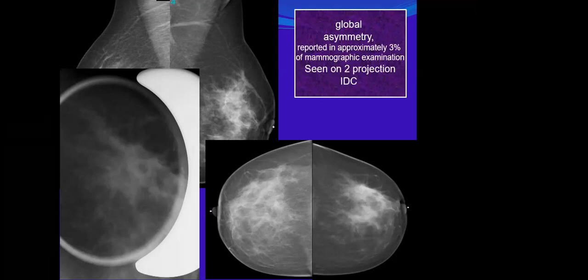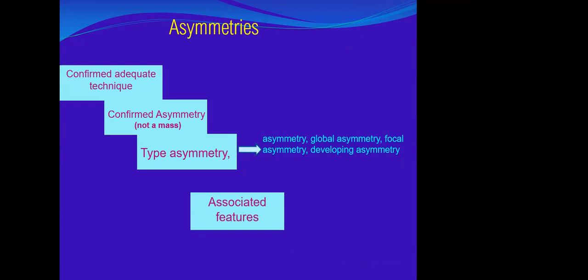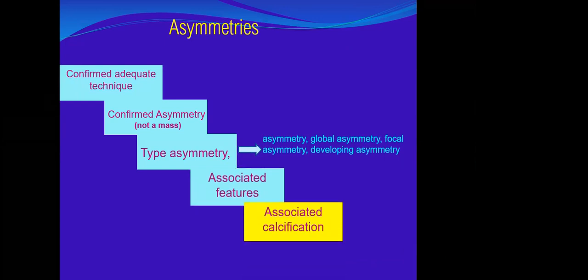So the associated features we described before: skin thickening, nipple retraction, skin retractions, trabecular thickening, axillary adenopathy, architectural distortion, calcifications. All these we have to consider while evaluating the asymmetry. So we went through the associated features.